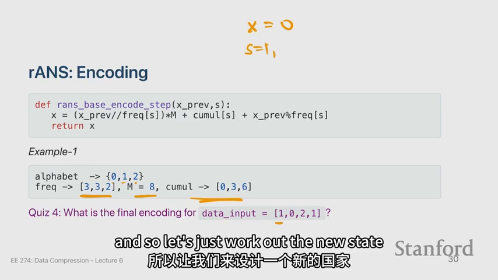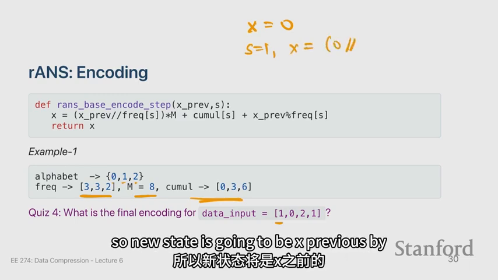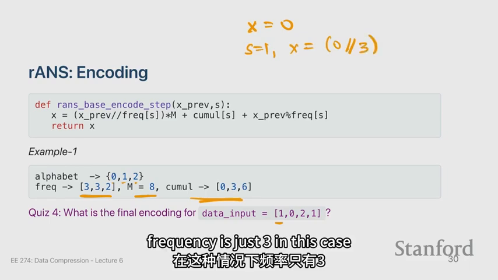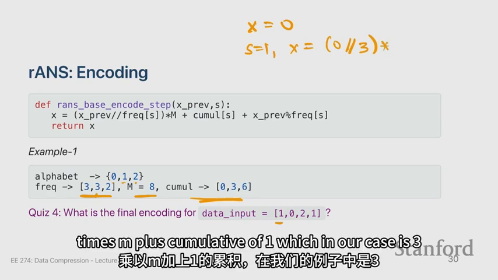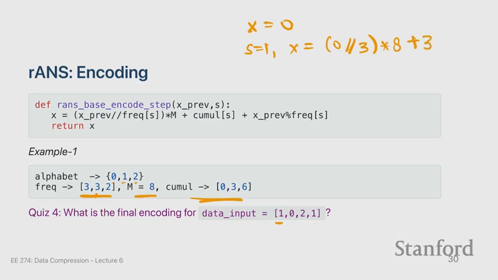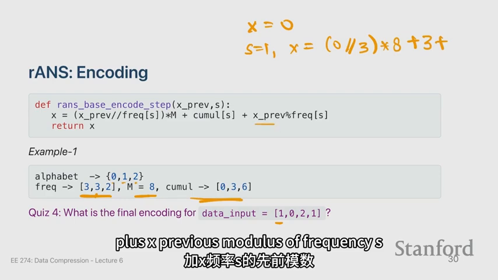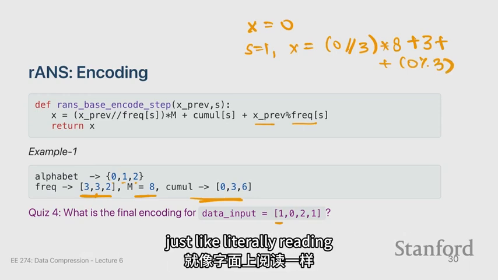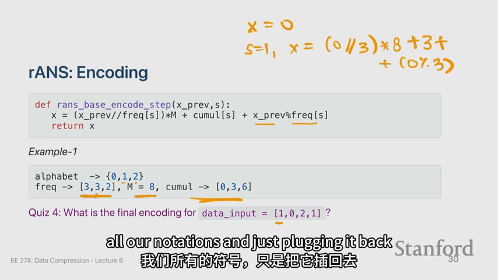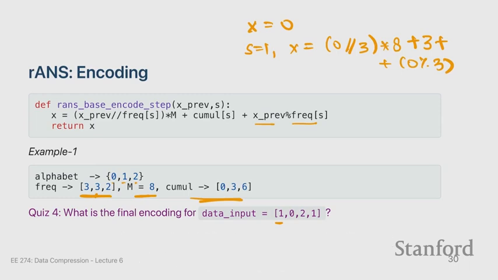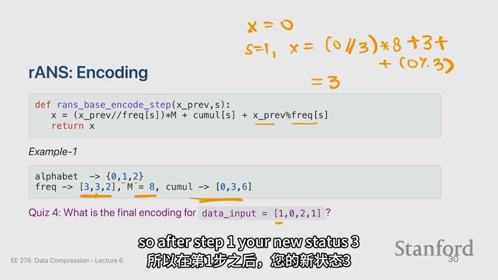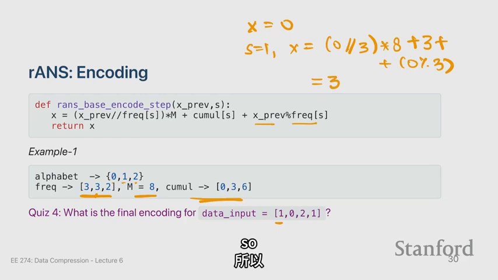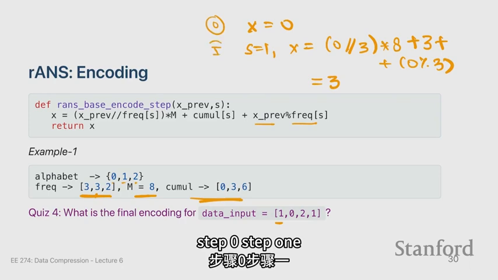So the new state is X previous divided by frequency S, just 3 in this case, times M, plus cumulative of 1, which in our case is 3, plus X previous modulus frequency S. I'm just writing down the operation, literally reading all our notations and plugging them back in. This gives your X as 3. So after step 1, your new state is 3.